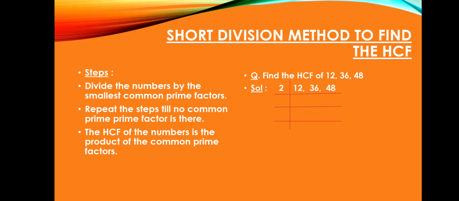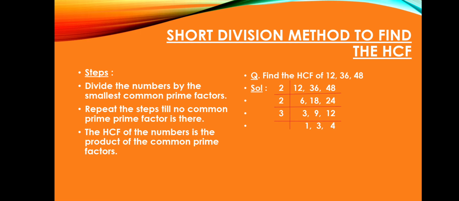So first 12, 36 and 48 have a smallest common prime factor, that is 2. So when we divide 12, 36 and 48 by 2, we get 6, 18 and 24 as the quotient. Now again this can be easily divided by 2. So we will get 3, 9 and 12. Now 3, 9 and 12 again have a common prime factor, that is 3.